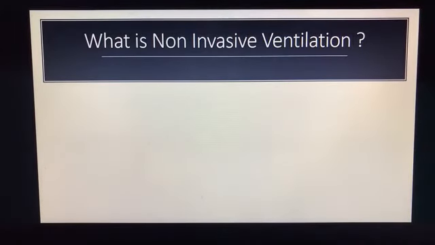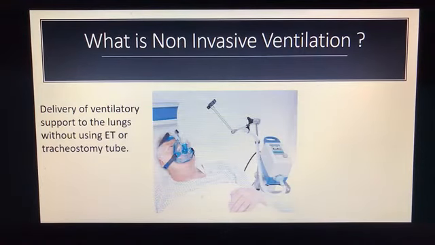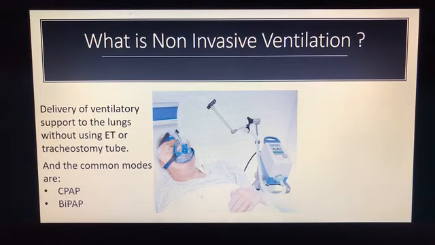We will start with what is non-invasive ventilation. It is delivery of ventilatory support to the lungs without using endotracheal or tracheostomy tube. The common modes are CPAP and BiPAP.